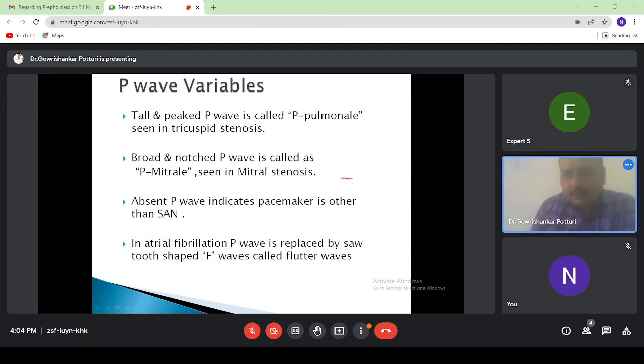Suppose you see a broad and notched P wave like this, then it is called P mitral.